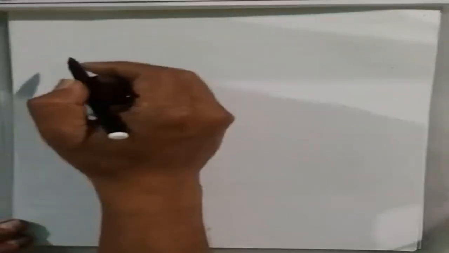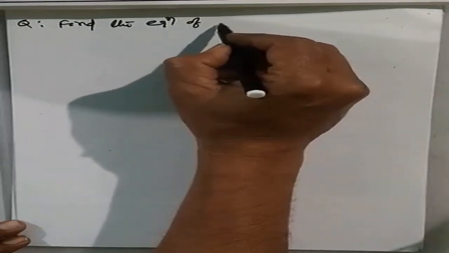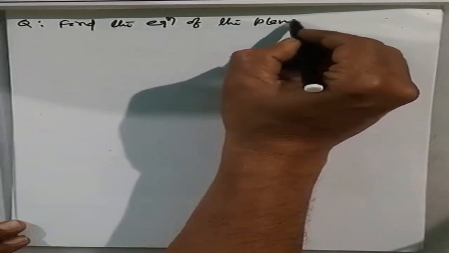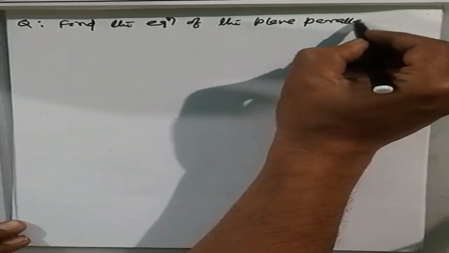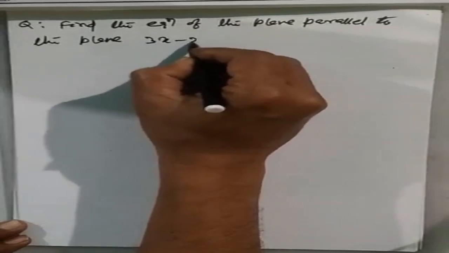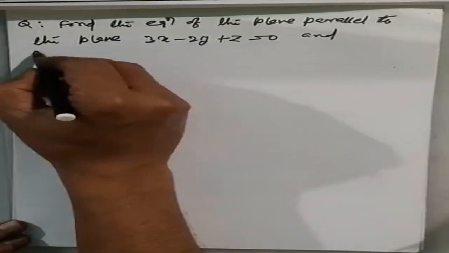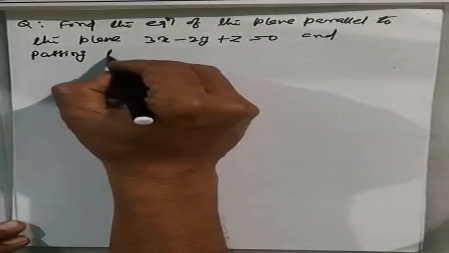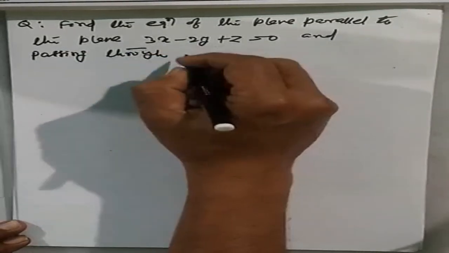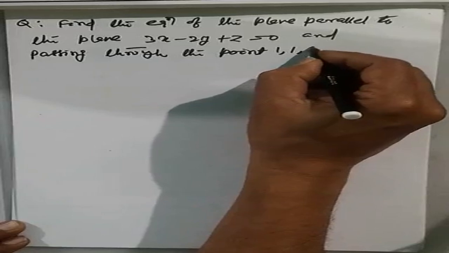So the question: find the equation of the plane parallel to the plane 3x minus 2y plus z plus 5 is equal to 0 and passing through the point 1, 1, 2.